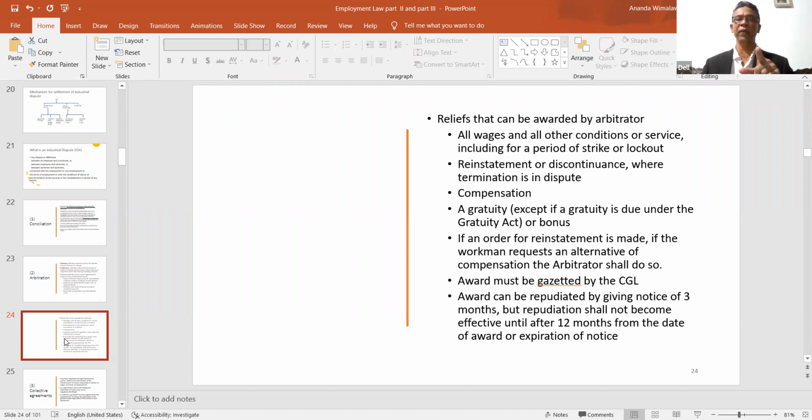Before we take note with regard to relief, we will put it just after this one. Next subtopic: relief that can be awarded by an arbitrator.